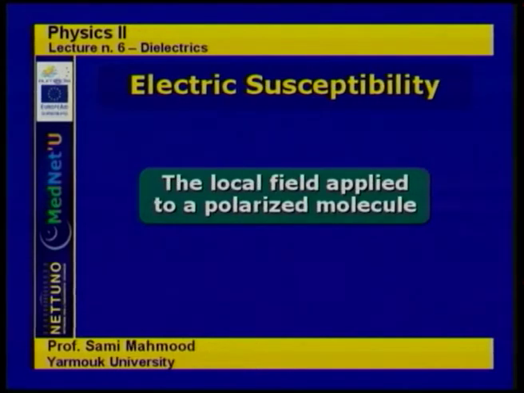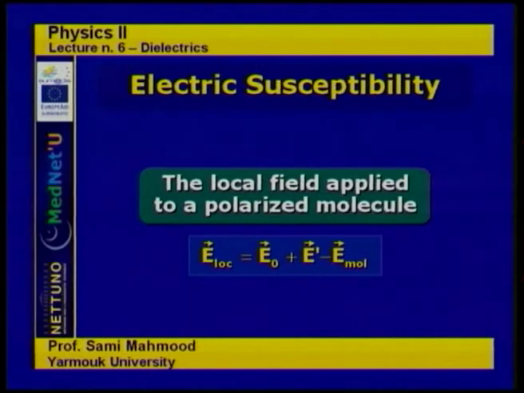Now we define the local field applied to a polarized molecule, and this local field is defined as the field arising from the charges minus the field induced in the molecule itself. Here, E naught is the external field applied locally at the location of the molecule, arising from free charges.